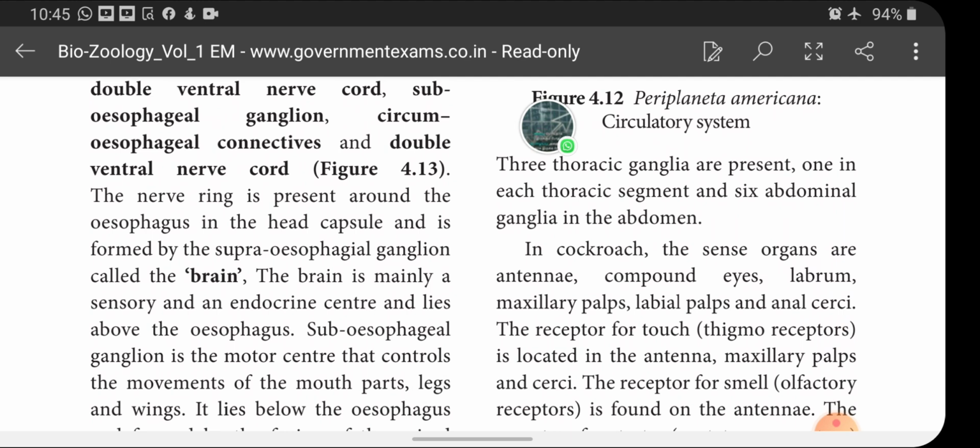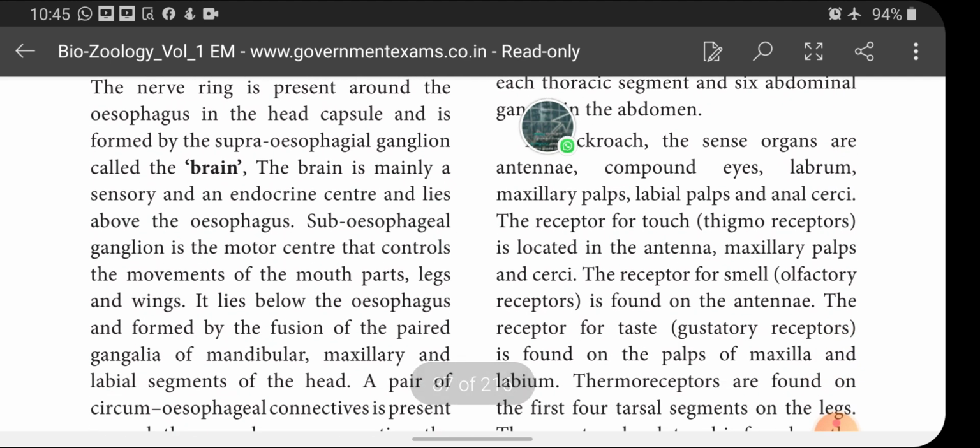In each segment one ganglion is present. The abdomen consists of 10 segments, and among these the ventral nerve cord extends up to the 6th segment. So totally 6 abdominal ganglia are present.